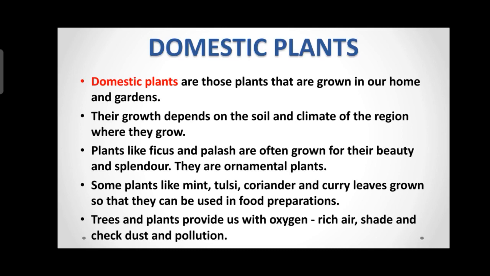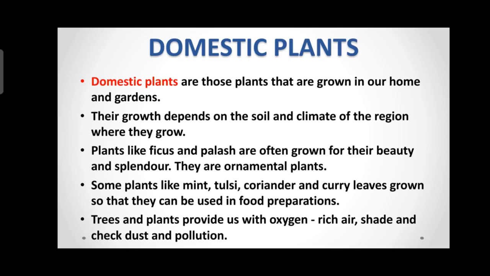There are some other plants like mint, tulsi, coriander, and curry leaves that are grown so that they can be used in food preparation. Some are grown for their fruits and flowers.